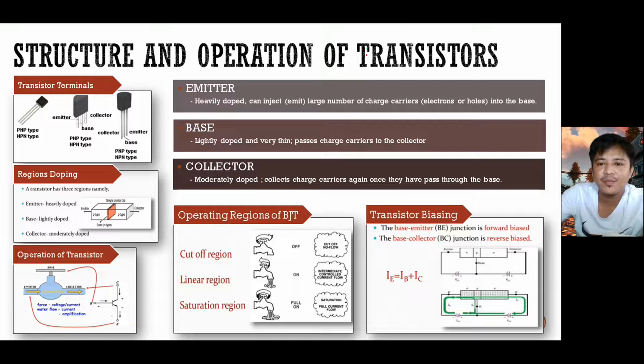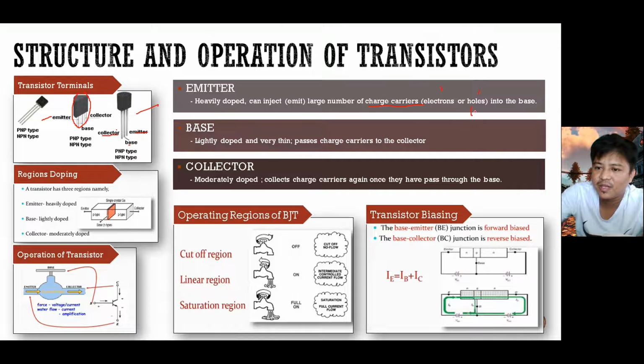Structure and operation of the transistor. Here we have the transistor terminals. This is typically what our transistor looks like. It contains three terminals: the collector, the base, and the emitter. So what are the functions of each? The emitter is heavily doped and can emit a large number of charge carriers. We all know that the charge carriers within a p-type and n-type junction are electrons and holes.